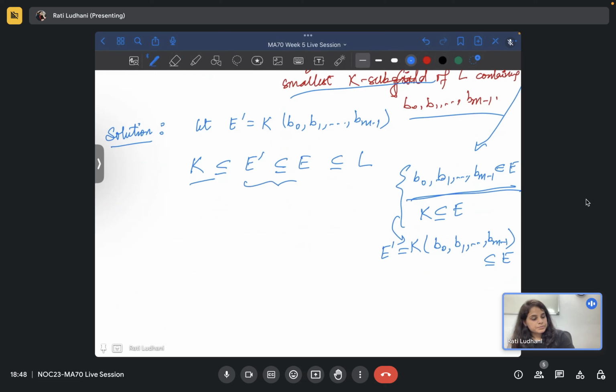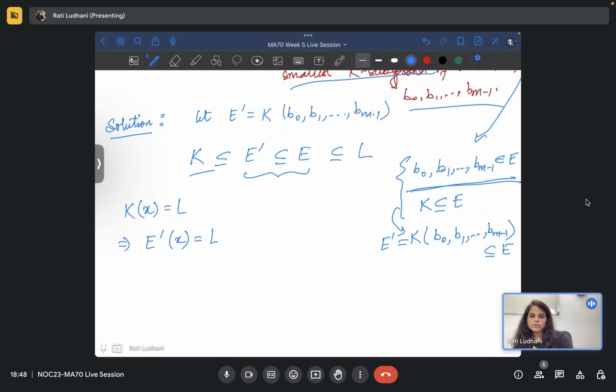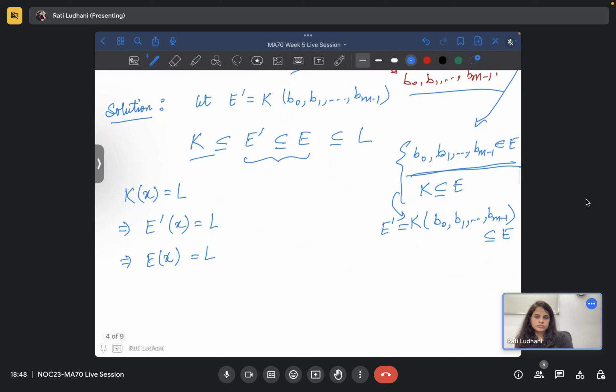Now, you have K(x) equal to L. So this implies, can you also say, if you just have E dash(x), then it will also be equal to L, and similarly for E(x)? Is that okay? Because you know that this is the containment.